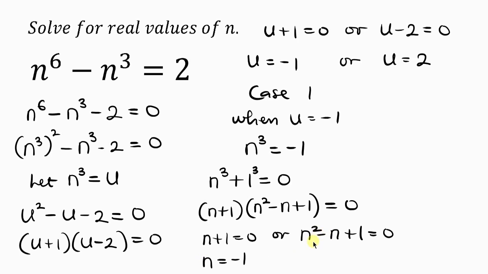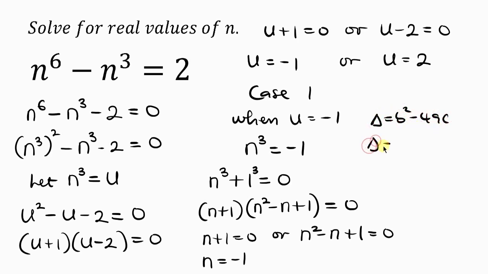But the question is, am I going to be having a real solution for this quadratic expression? Let's see. We're going to be checking for the discriminant. So checking for the discriminant, all right, discriminant is equal to b squared minus 4ac.